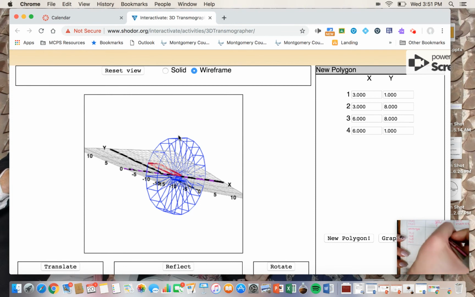So let's see what we can do when we graph it. I'm going to draw my x and y axis. I rotated around the x-axis. I'll call this x. I started with the point 3, 1, 3, 8, so that distance is 7. 6, 8, so that distance is 3.